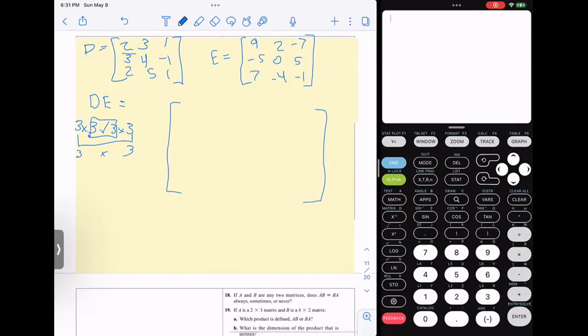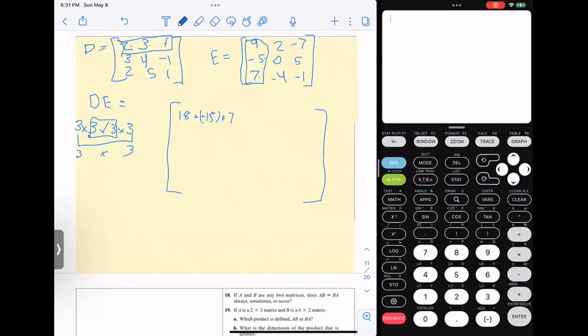So we multiply the first row by the first column. 2 times 9 is 18, plus 3 times -5, negative 15, plus 1 times 7, that is going to be 7. That is our first row, first column.